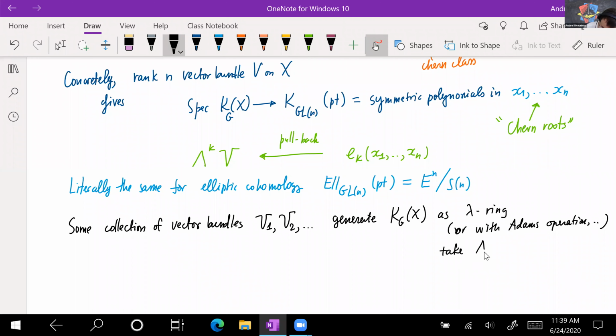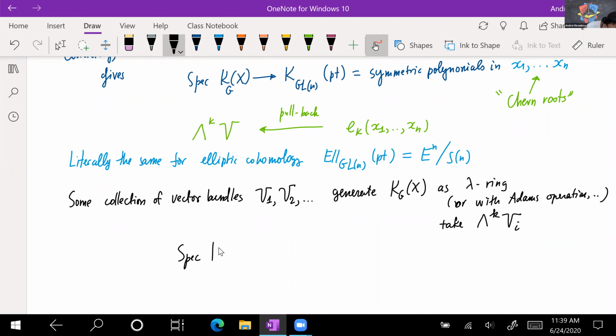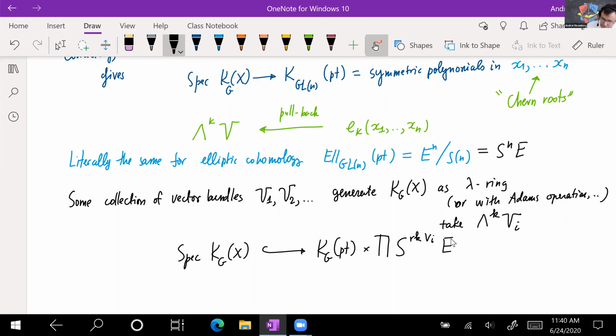If that is the case, if you take the Spec of K_G of X, that actually embeds by this map, there's a map to K_G of a point cross the symmetric product. So this takes the symmetric product to the, this is usually denoted as n of E, so this is rank of which V_i of E, if this is an embedding.